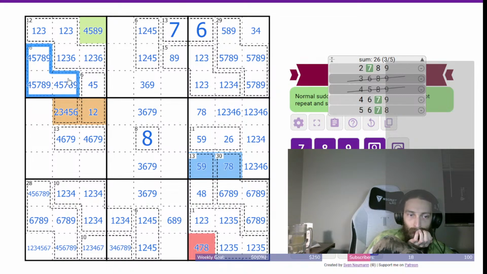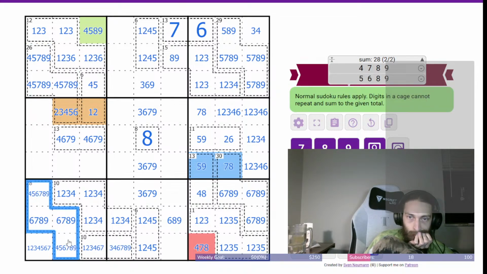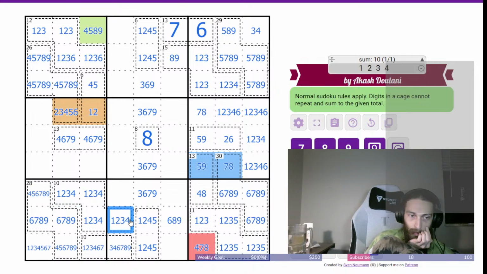You know, 7's over here. This is 8, 9 paired with 4, 7, or with 5, 6. If it's 4, 7, then that places a 4 out here. 1, 2, 3 in here.